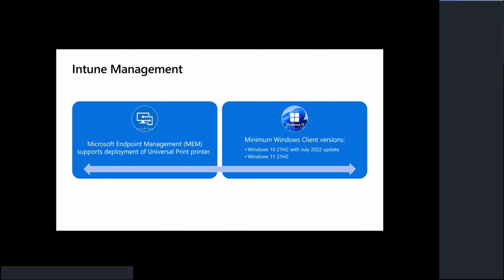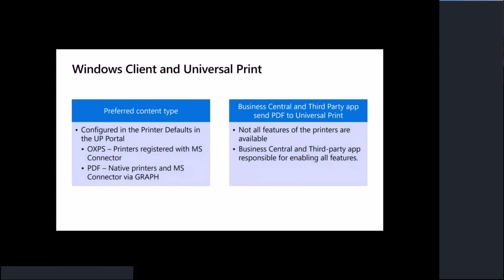But if the printer's already there, it will still be there. We don't yet have a remove this printer option, but that is in the works at this time. But you do need to have the July 2022 update on Windows 10 to support the new MEM deployment.